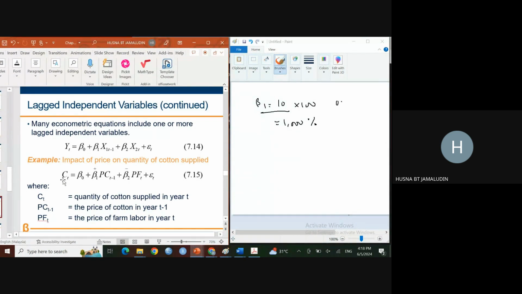So the impact of a reduction in price will not be reflected immediately in terms of high demand. People will take some time to respond to it. This is the case of what we call a lag independent variable. People will respond a bit later. So it's not about expectation. It's just that the response is a bit late. It's a bit lagging. Okay? Is it clear?